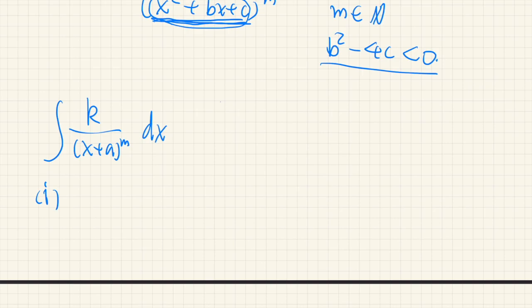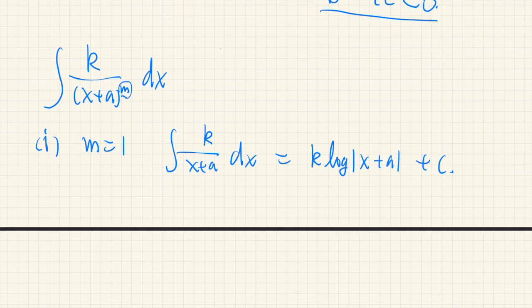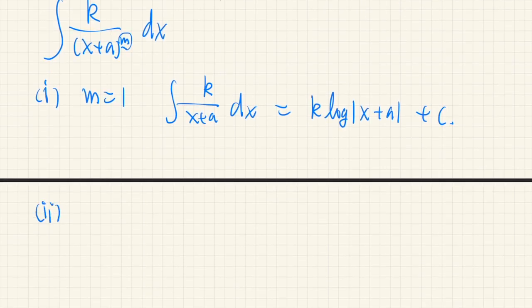So first one, when m is equal to 1, then we have this integral. And it's easy to integrate this, and we have k times log of the absolute value of x plus a plus constant.